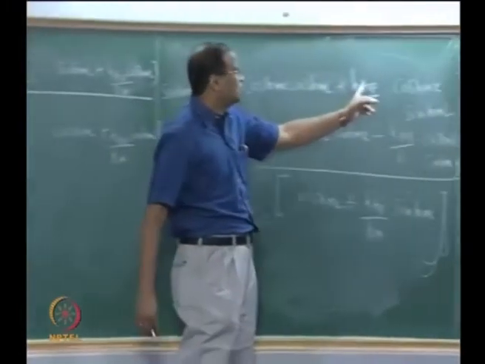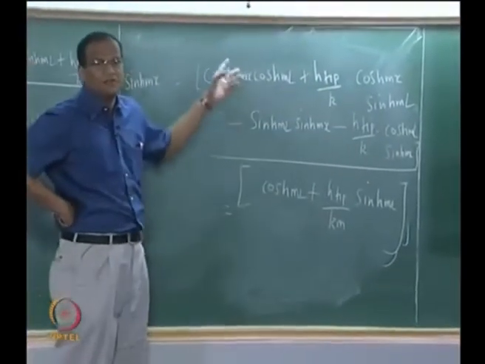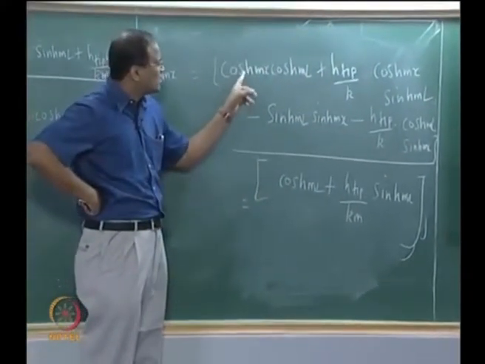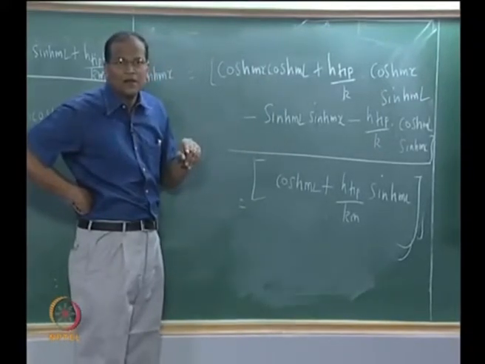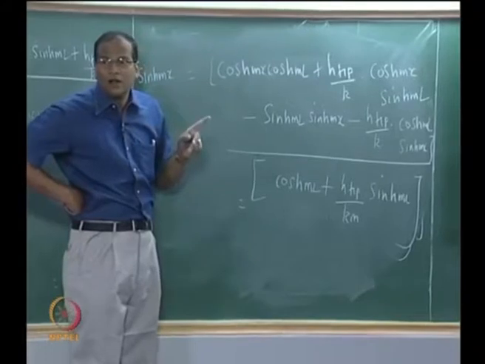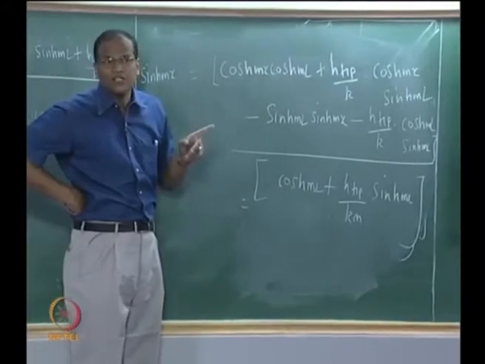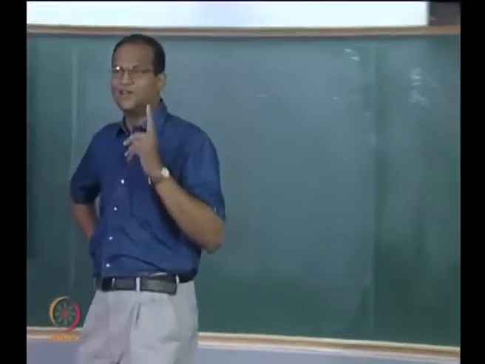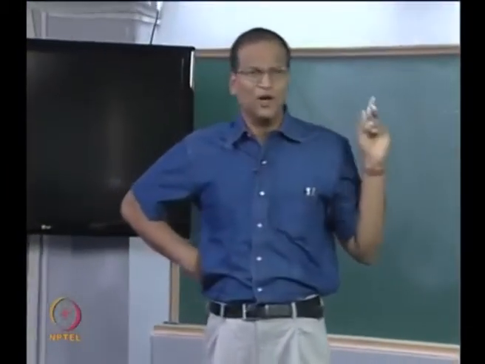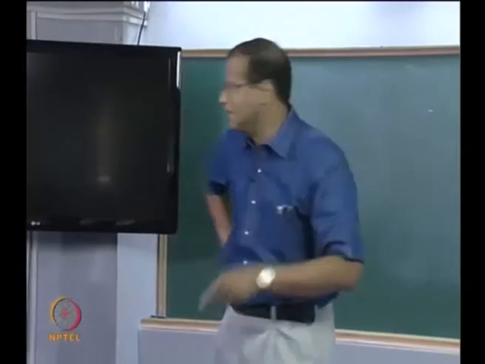Basically, you have to collect the terms with h tip by k and the terms without that. What is cosh a cosh b minus sinh a sinh b? It is cosh of a minus b, correct? You can do it with e to the power of mx and check it out.